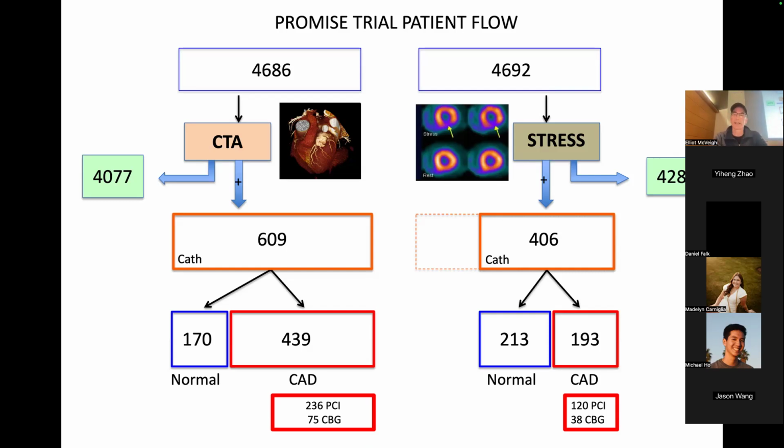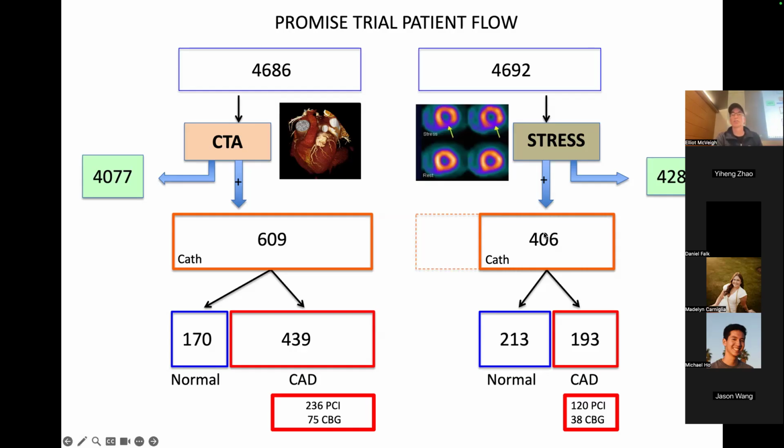So what happened? So the group that went for the stress test, out of this 4,692, 406 were found to be positive enough on the nuclear medicine stress test to recommend they go to the cath lab. And remember what the cath lab is? When you inject the dye straight into the coronary and you get those ridiculously high resolution pictures of the coronaries. That's kind of the ground truth in this whole thing, right?